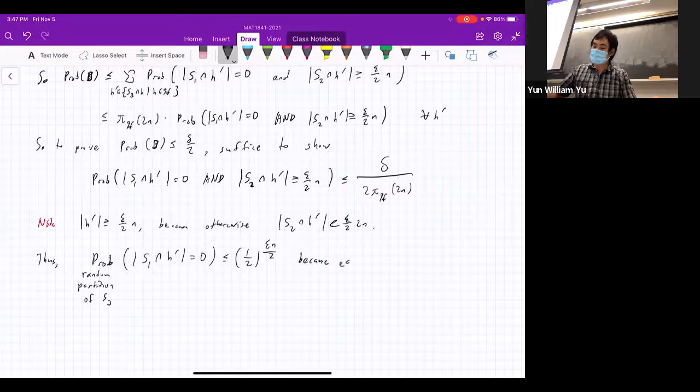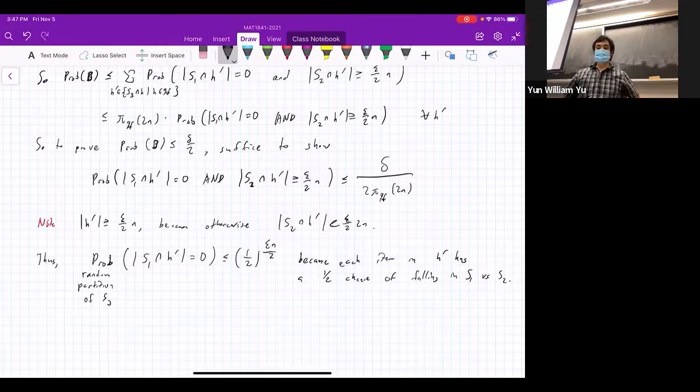Because each item in H prime has a 1/2 chance of falling in S1 versus S2. And of course, there's a question of whether or not it intersects with H prime, but it doesn't matter because we can bound it by the probability that it's in S1 to begin with.